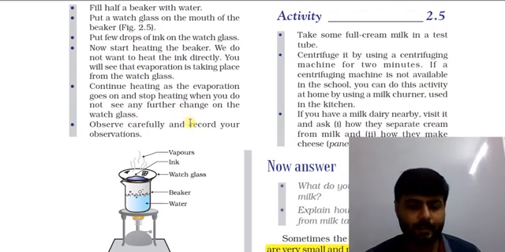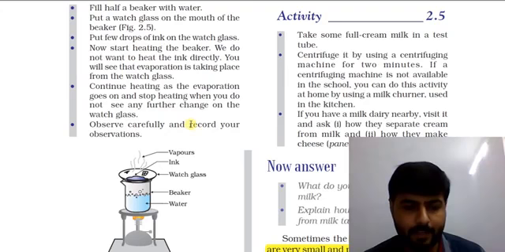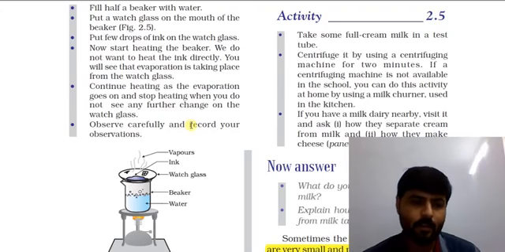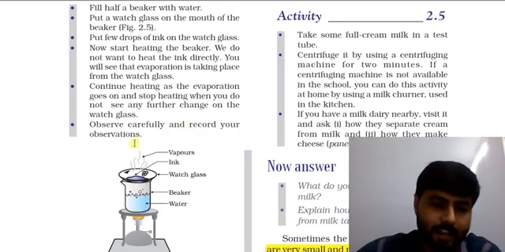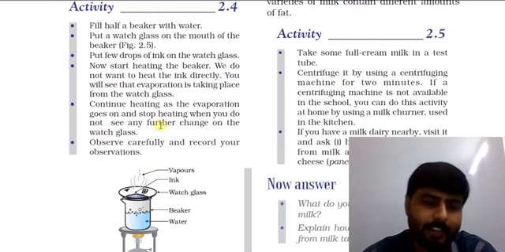As we are heating it, water vapor comes out from the ink and we continue giving heat till all the water vapor has disappeared and we cannot observe any further change in the ink in the watch glass. Observe carefully and record your observation. So that is our activity.